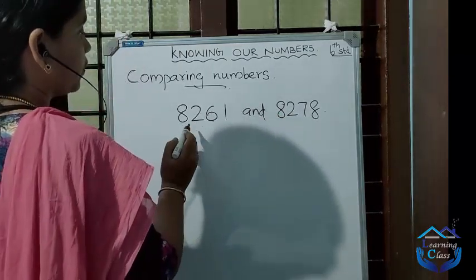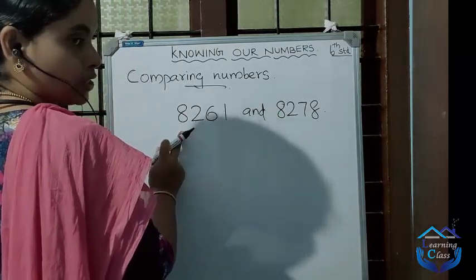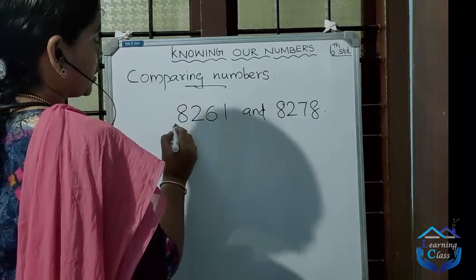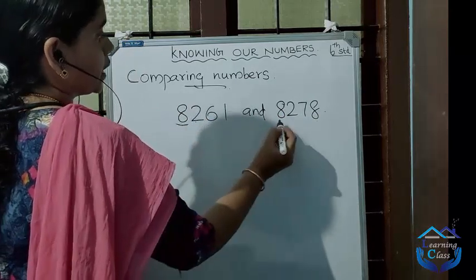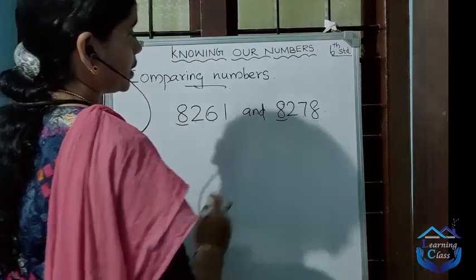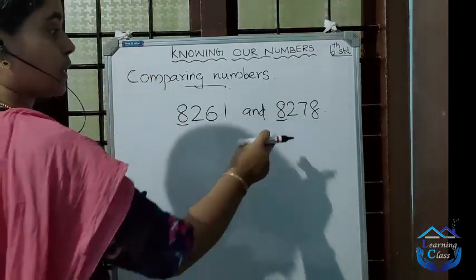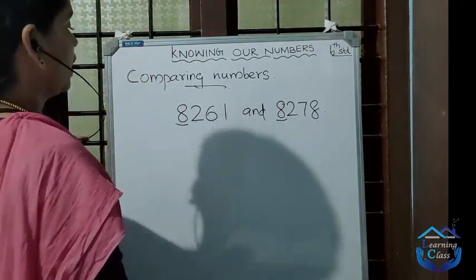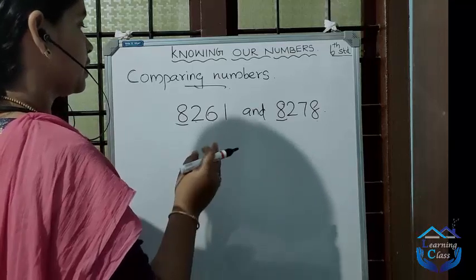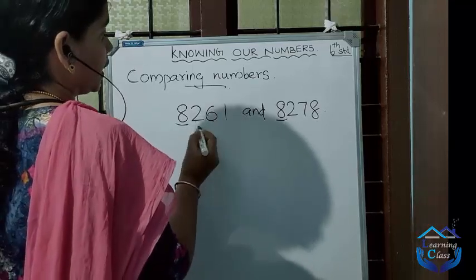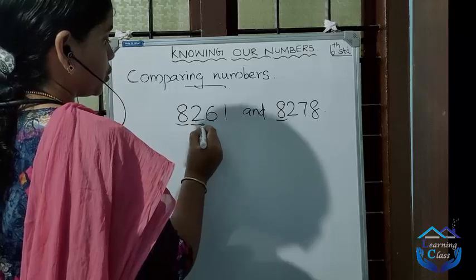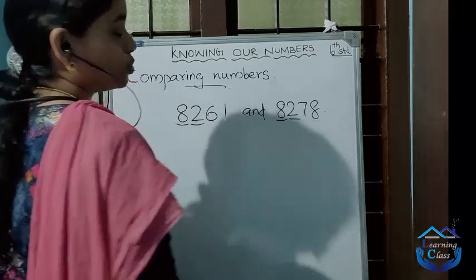We are starting with the thousands place. Here thousands place number is 8. Here also thousands place number is 8. Now look at the hundreds place number. Here hundreds place number is 2. Here also 2.